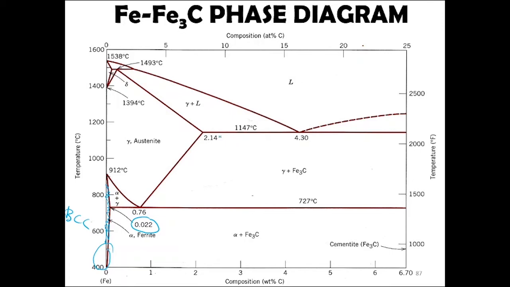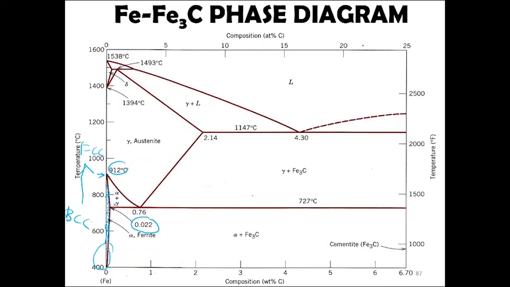Austenite can dissolve up to 2.14 weight% of carbon, but alpha ferrite only 0.022 weight% of carbon. At 912 degrees Celsius, alpha ferrite will transform into gamma austenite. The crystal structure also transforms from BCC to FCC.